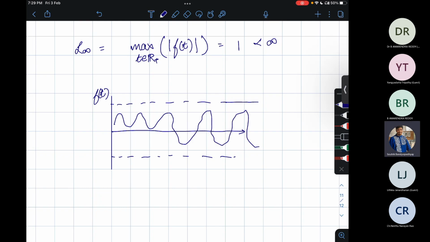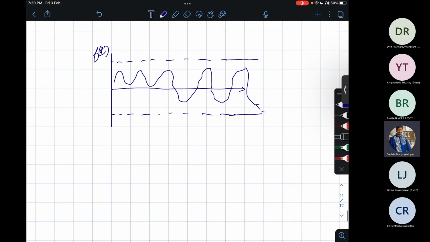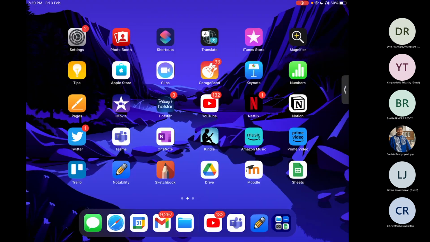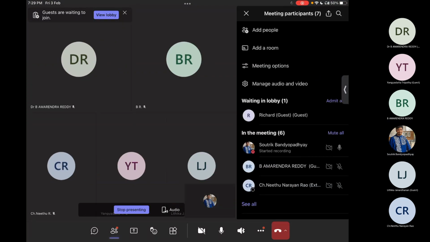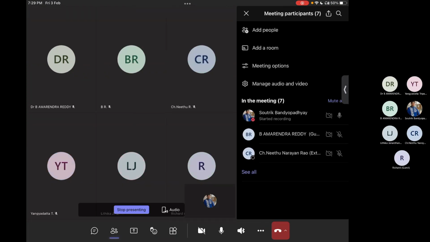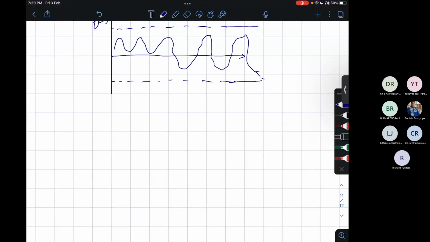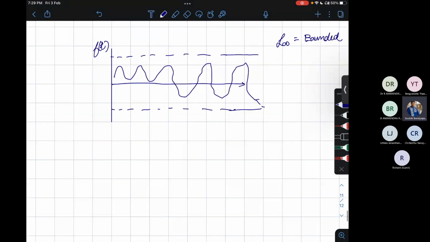Whatever this function may be, this is always bounded. So L infinity implies boundedness, right?